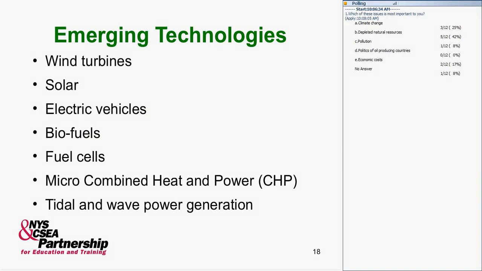Okay, emerging. These exist, but typically they're not ready for prime time. These are the ones that we'll expect to see in 50 years, but right now they're more at toy status.